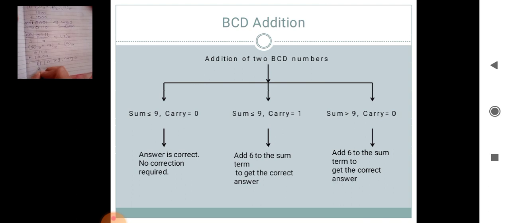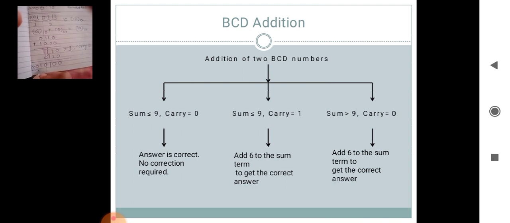So add 6 here. 0 plus 0 is 0, 1 plus 1, sum 0, carry 1, 1 plus 1, sum 0, carry 1, 0 plus 1 plus 1, sum 0, carry 1. You can add 3 zeros here to make a complete group of 4-bit binary.